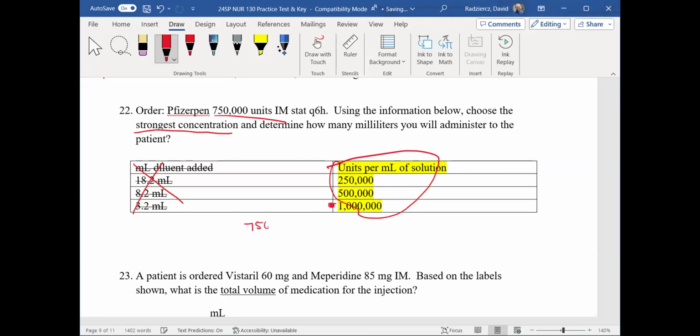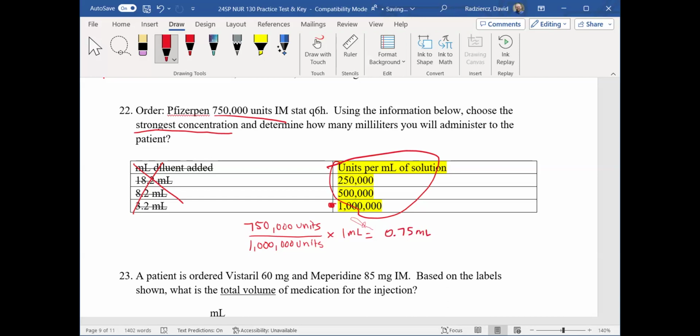Then you just take your 750,000 units over your 1 million units times your quantity. Oops, sorry. Which will give you an answer of 0.75 milliliters.